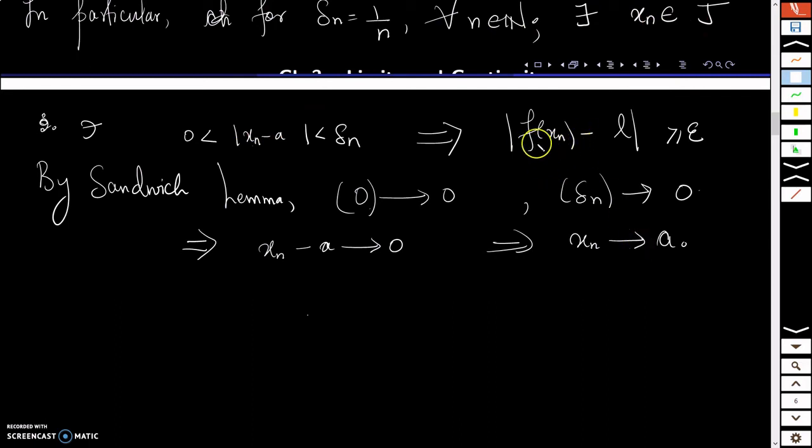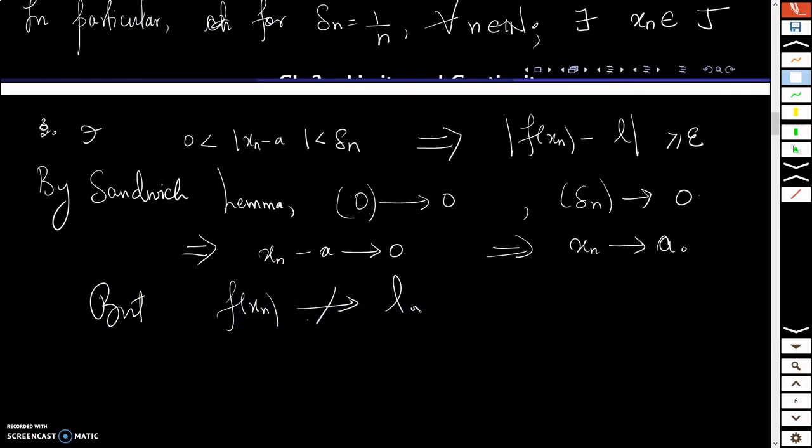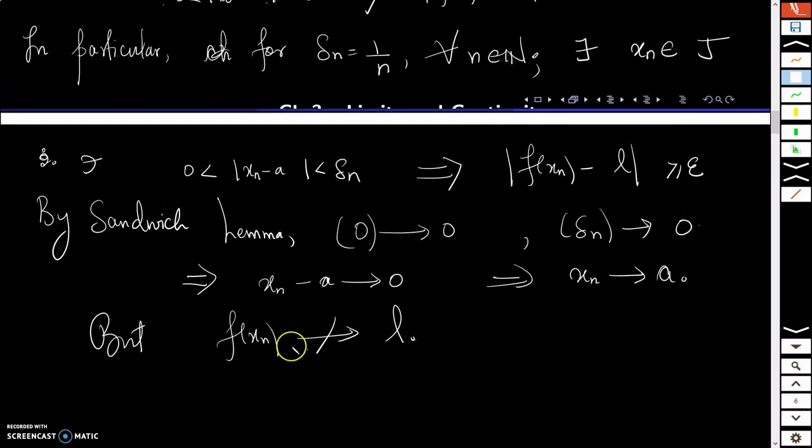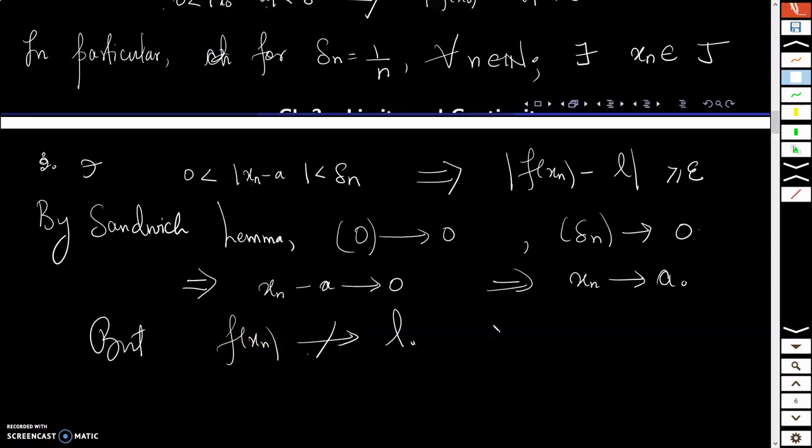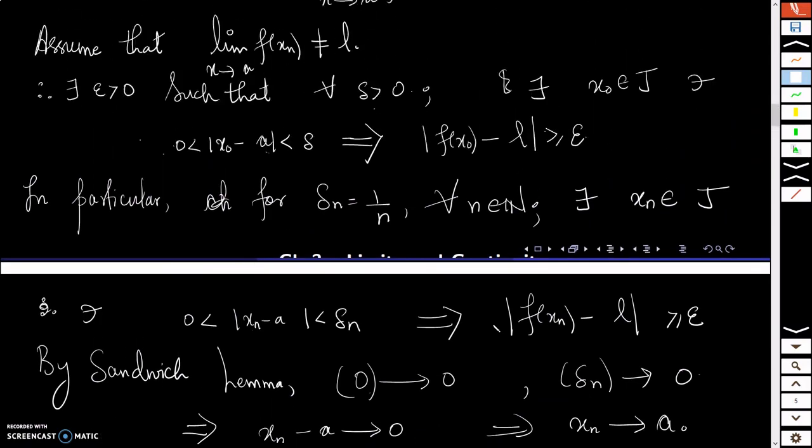But mod f of xn minus L, you cannot make it less than epsilon. Okay, but f of xn does not converge to L. So we have found a sequence xn which converges to A, but the corresponding image sequence, that is f of xn, is not converging to L. And what did we assume in the beginning?